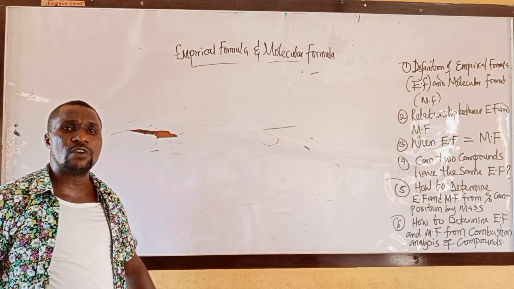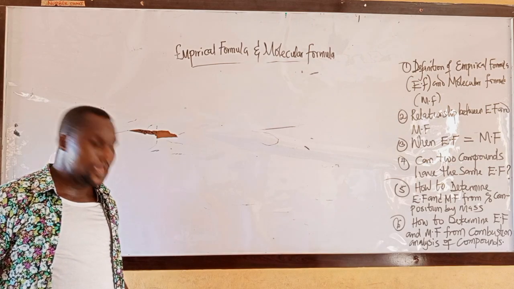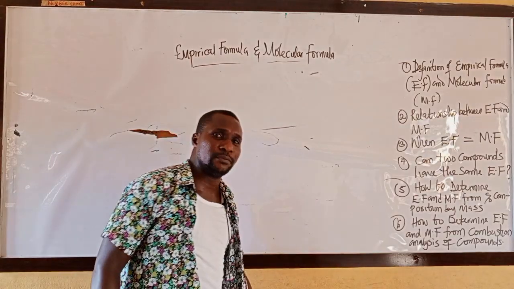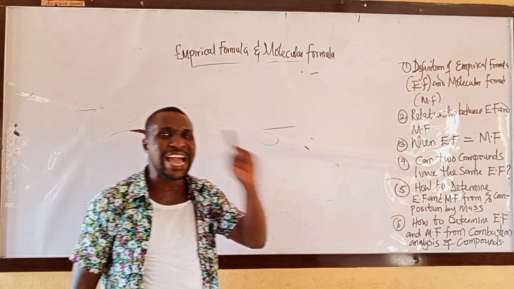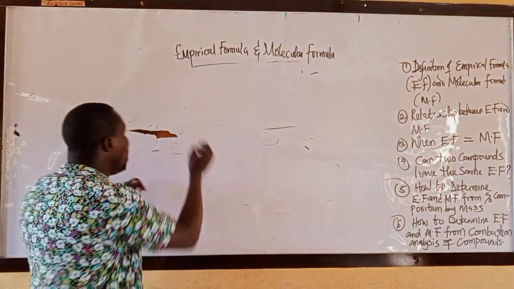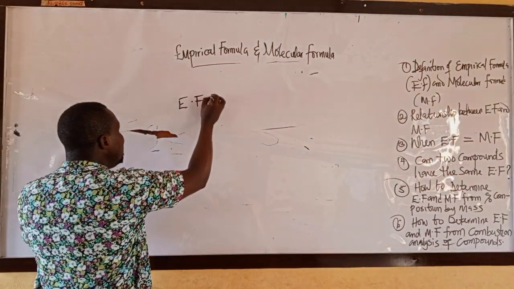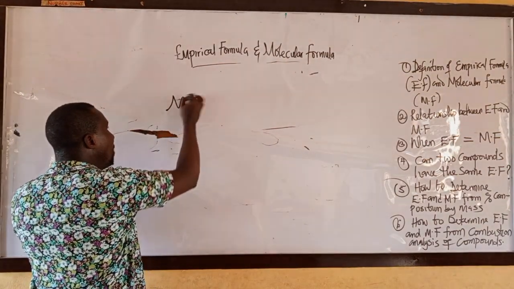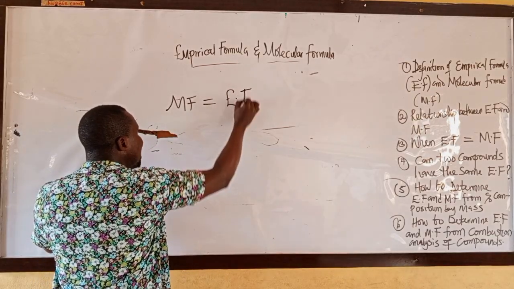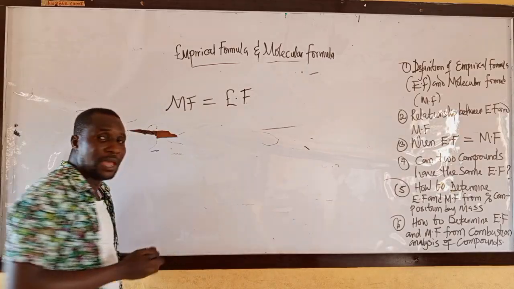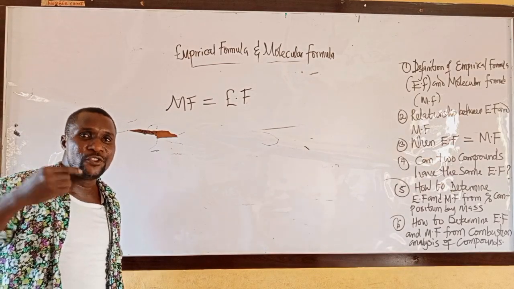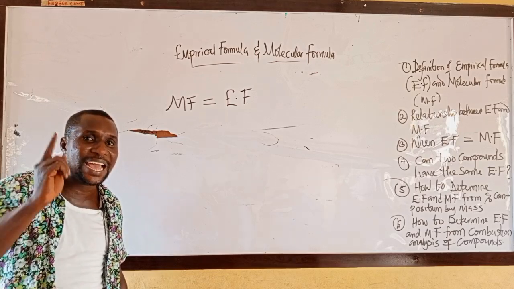Empirical formula can be equal to molecular formula if the compound cannot be simplified any further. Take note. Empirical formula is equal to molecular formula, or I can say molecular formula is equal to empirical formula, if the molecule cannot be simplified any further.